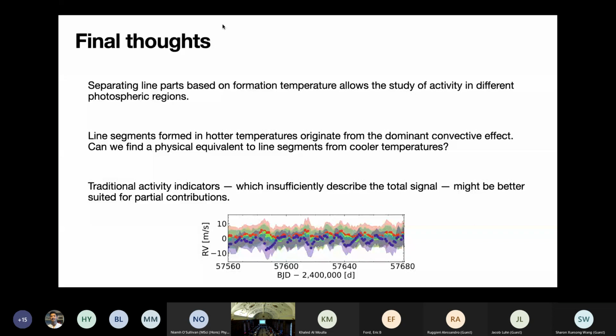Yeah, exactly. This is what we want to do next, because the way that we've been doing the temperature segmentation is a little bit arbitrary now. We're just looking at equal temperature intervals and seeing what is happening. But it would be better to have a physical motivation, that we know that between these temperatures there's a break-off where you start having less convection and more of this kind of activity, and so on.